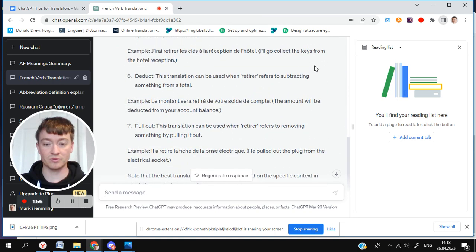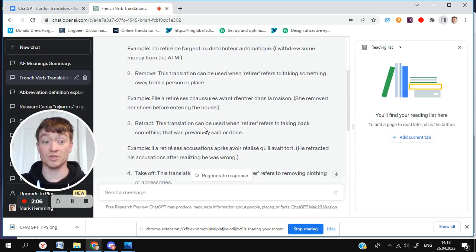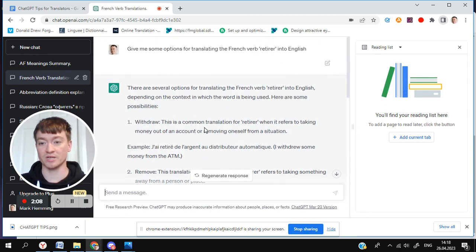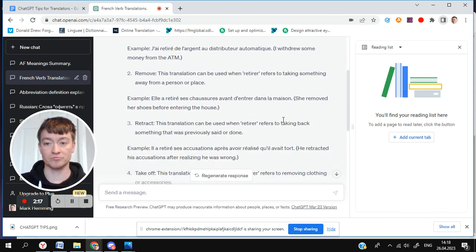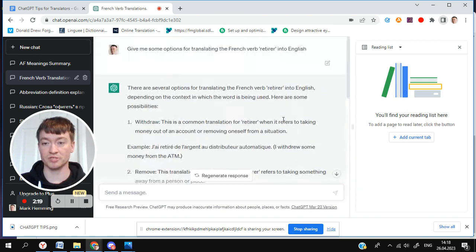It's actually given 7 different examples. And the thing that I really like about ChatGPT is that it hasn't just given me the potential translation, it's given me an example sentence as well, which is really cool and can really help you differentiate. Sometimes you'll find a dictionary will give you this kind of thing, but ultimately this is really good and at your fingertips. So that's a pretty good thing to use it for.